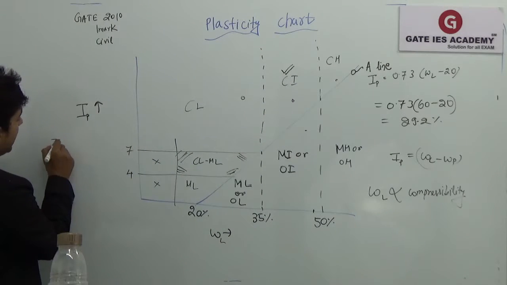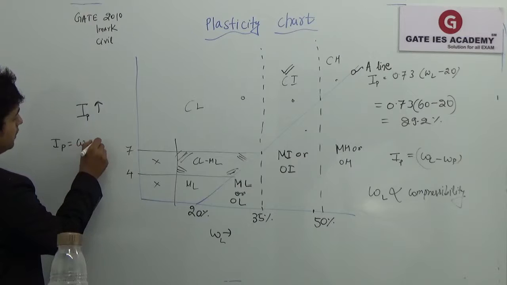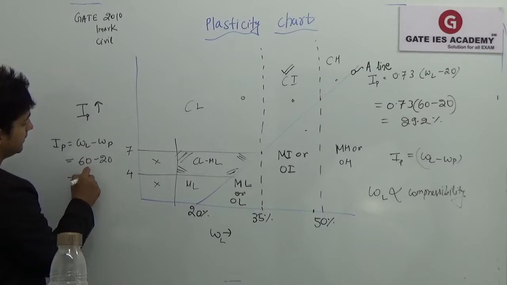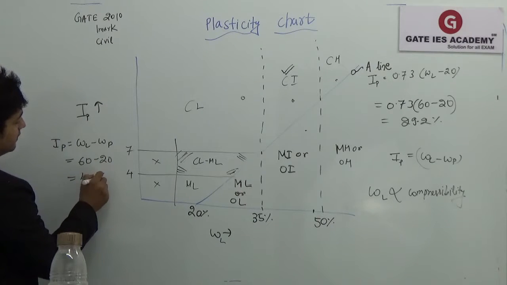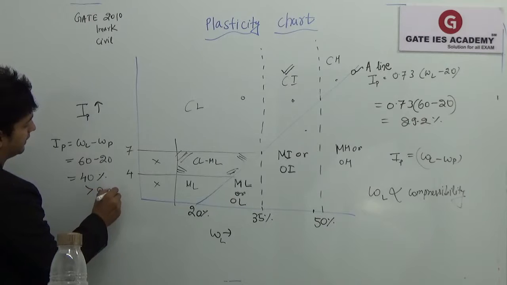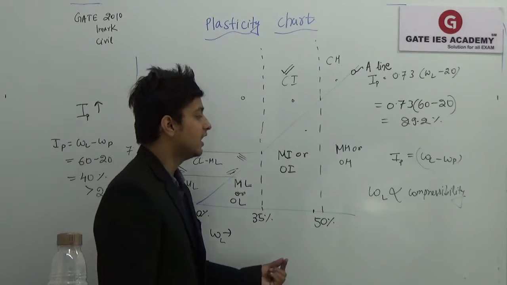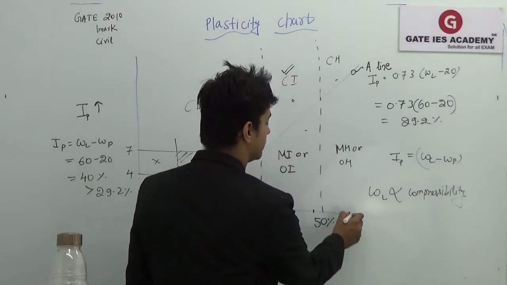And if I calculate IP equals WL minus WP, that is 60 minus 20, that will give me 40%, which is again greater than 29.2%. Therefore the soil is clay and its liquid limit is lying now here at 60%.